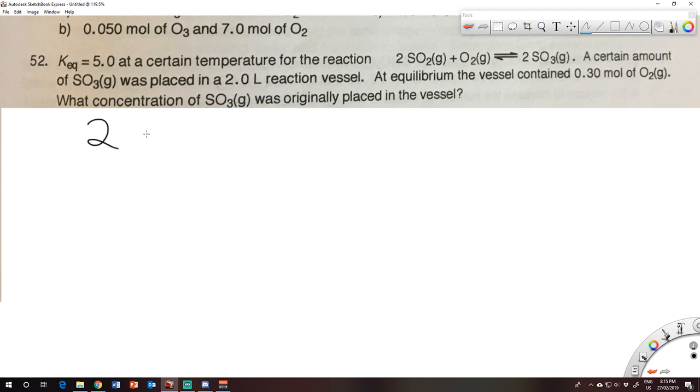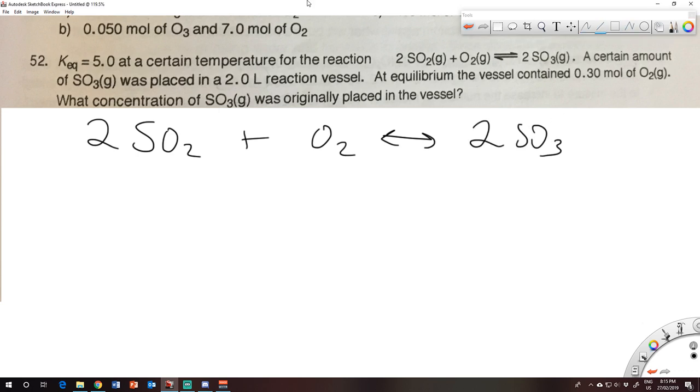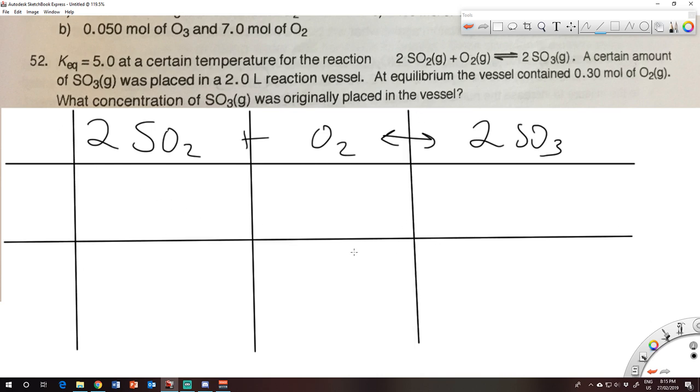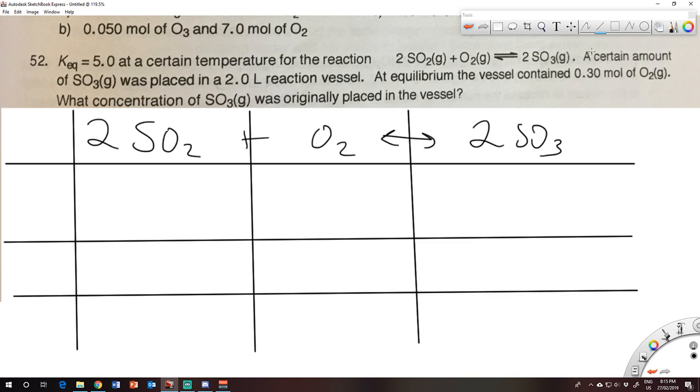So let me write out the reaction: 2SO2 plus O2 going to 2SO3. Let's get my ice table all set up nicely, as follows. ICE. There we go.